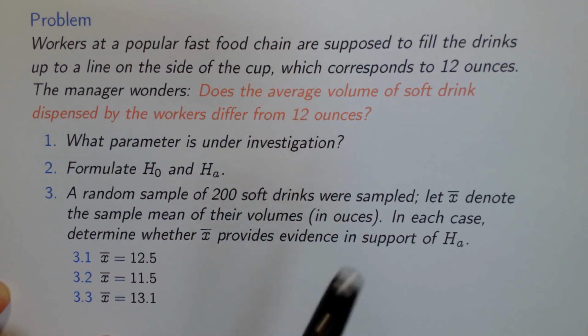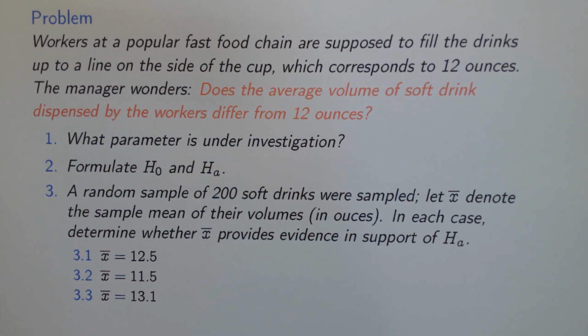Okay, let's take a look at this next problem. Workers at a popular fast food chain are supposed to fill the drinks up to a line on the side of the cup, which corresponds to 12 ounces. The manager wonders, does the average volume of soft drink dispensed by the workers differ from 12 ounces? Okay, part 1. What parameter is under investigation? Well, here we can basically read it right out of the question.